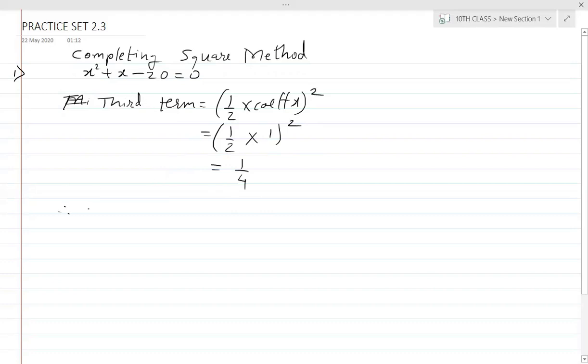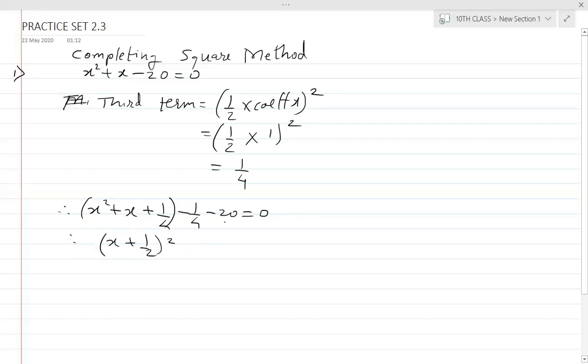So therefore the equation becomes x square plus x plus 1 by 4 minus 1 by 4 minus 20 equals 0. Therefore, you can see that this is the complete square of x plus 1 by 2 whole square.